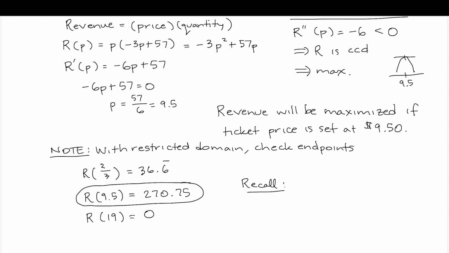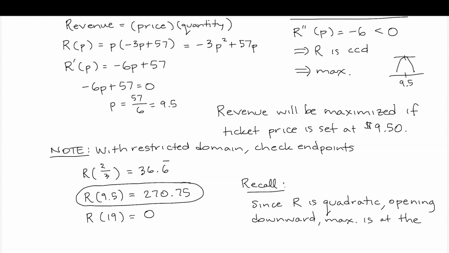Now, another thing I just wanted to mention, if you remember stuff that you learned in other coursework, since my revenue function is quadratic, and I know by the negative 3 in front of the p squared, it's opening downward, which we see in the picture when we use the second derivative test.